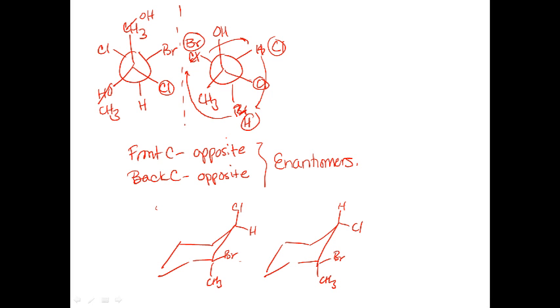Are they the same? And they're not meso? Are they the same meso compound? Are they enantiomers or are they diastereomers? Well, if I look at the two chiral centers, do the two chiral centers have the same groups attached to them? No. So therefore there's no way to pass a mirror plane through the molecule, so they're not meso.